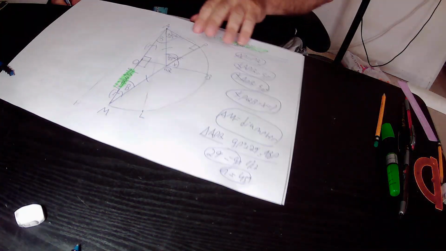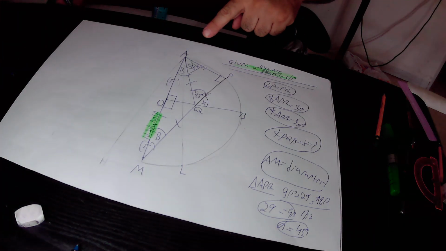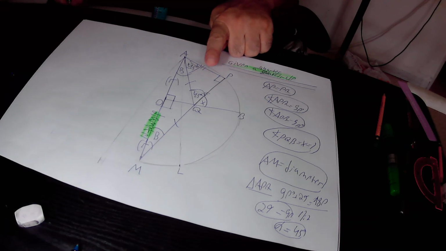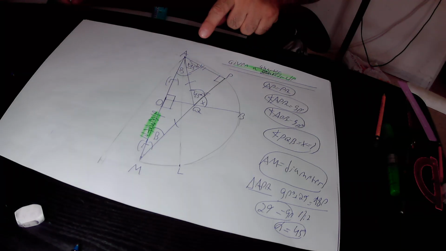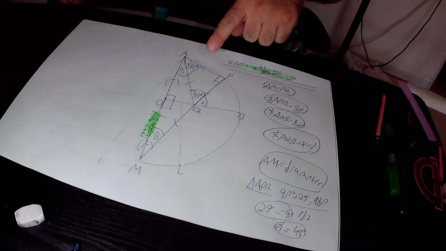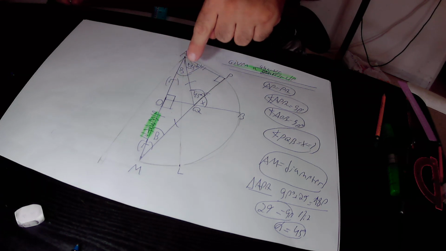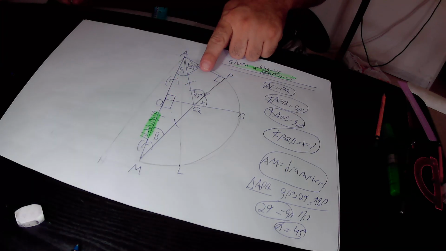So in our drawing, if we relate to the big triangle AQM, this is angle AQP that is defined as an external angle in relation to triangle AQM. Why is it an external angle? Because angle AQP is not located inside triangle AQM, but outside triangle AQM.